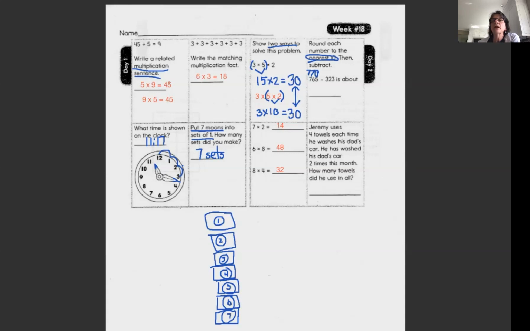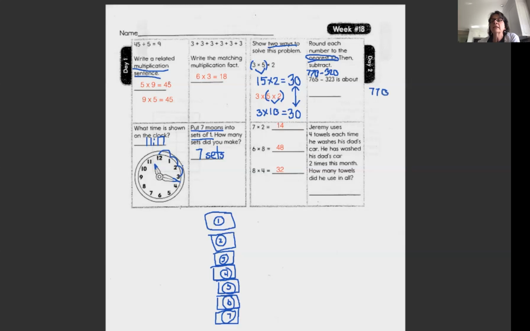Okay. 323, round that to the nearest 10, that would be 320. Because it's only 3 away from 320, my other choice would be 330, and it's 7 away from that. Okay, now maybe you can do this mentally, but just in case you can't, you can always do the algorithm over here on the corner of your page.